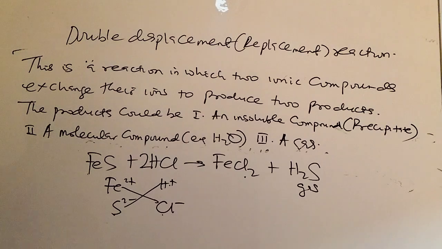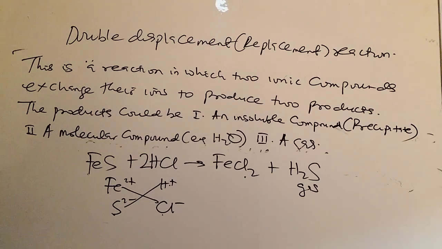Like we know that all common salts of group 1 elements, all salts of sodium, potassium, lithium, rubidium, like sodium chloride, sodium nitrate, are soluble in water. You should know that all nitrates are also soluble in water. All hydrogen carbonates are soluble in water. All sulfates are soluble except lead sulfate and barium sulfate.